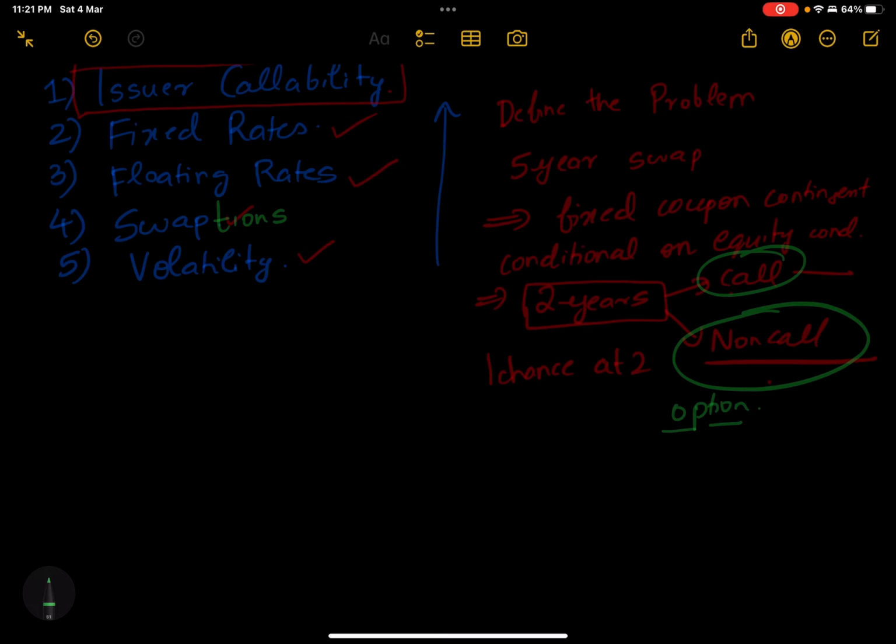generally, whenever you price any option, you have something called volatility, right? Now, this is the problem. Let's not think about it for now. We will take a side tour to volatility.